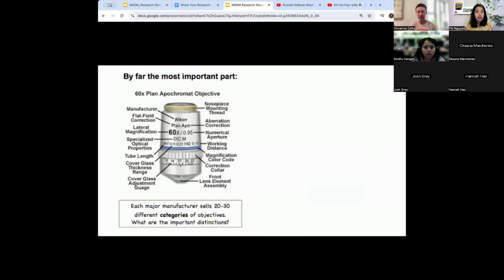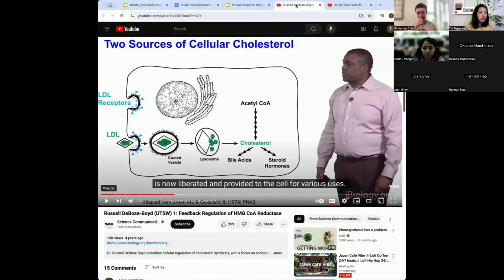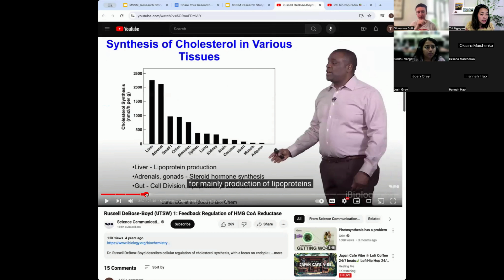So, I had a slide about this, hold on. Okay. So here, for example, in Dr. DeBosboy's slides, if you go through, you'll see that they're all pretty concise. This one is synthesis of cholesterol in various tissues.